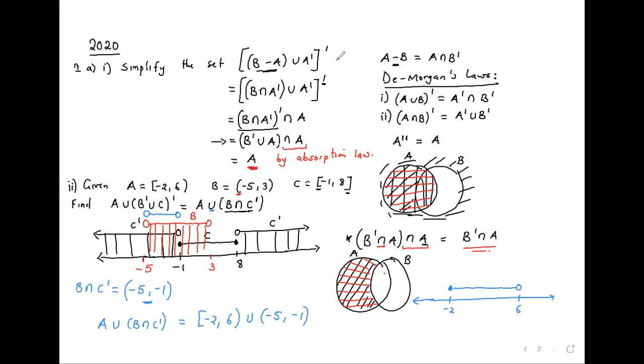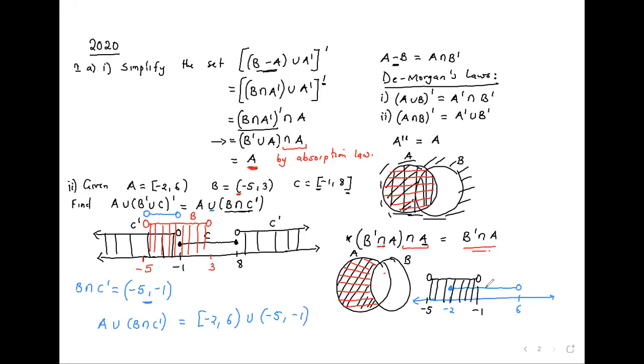Thank you. Okay. Then now, this is -2 to 6. Then you come and pick also -5 to -1. -5 is open, -1 is open. So you have that one. Union means get everything that is there. So you get this whole thing.